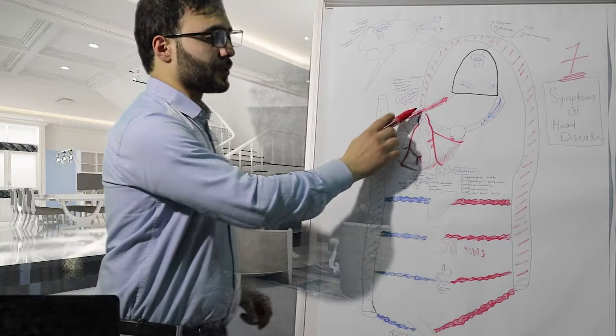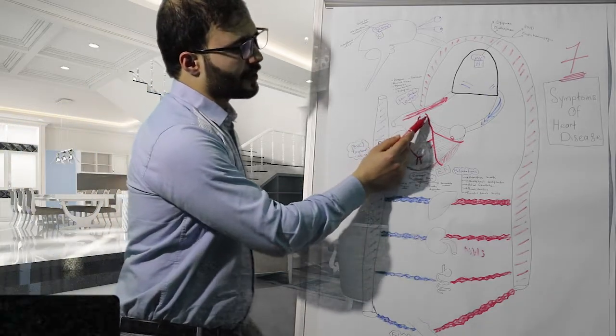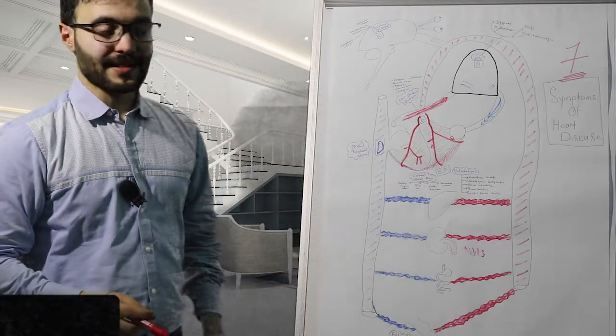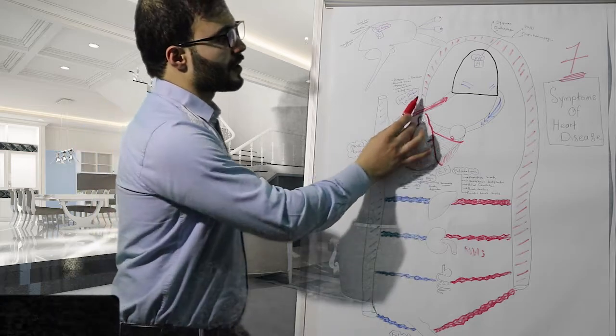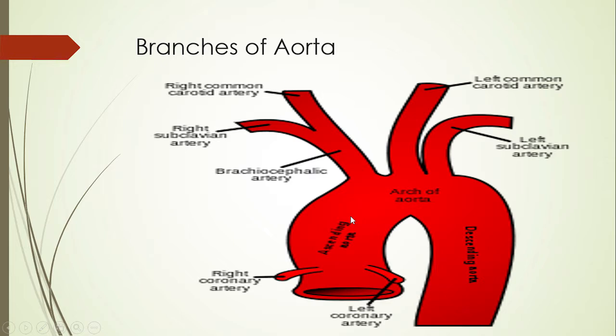Next, we have the aorta, which gives, just distal to the aortic valve, the coronary sinuses, continues upwards and backwards to give the brachiocephalic artery, which divides into the right subclavian and right common carotid, then the left common carotid, and then the left subclavian artery.